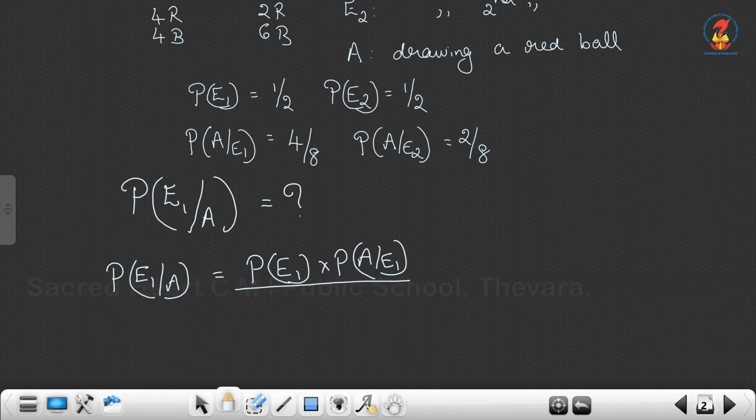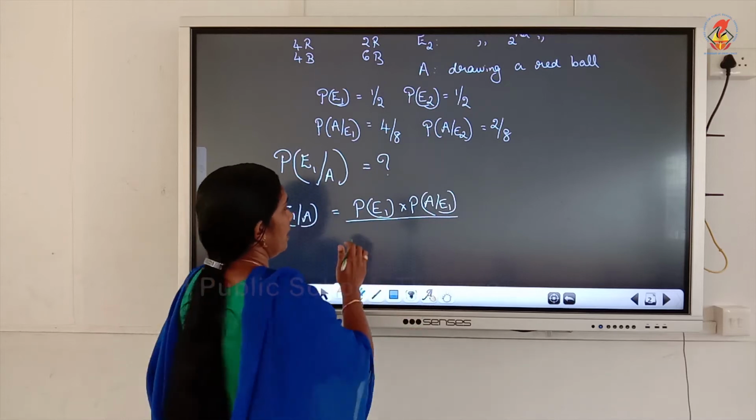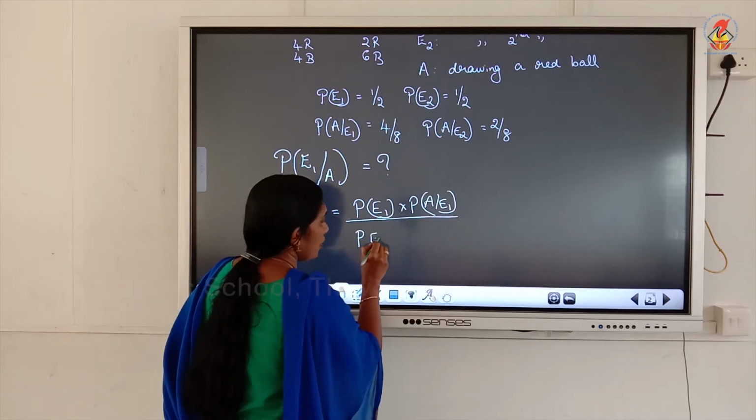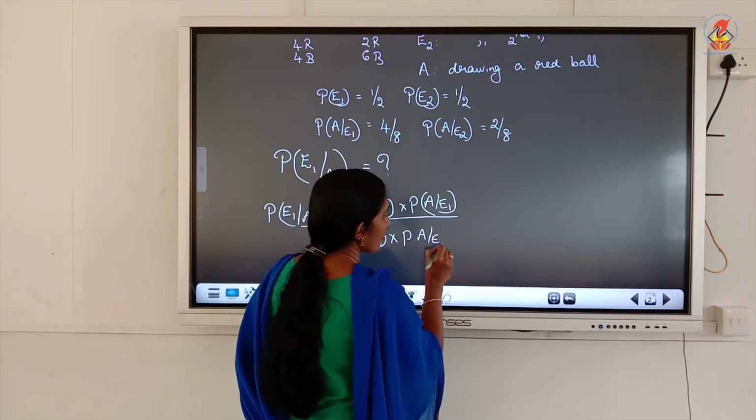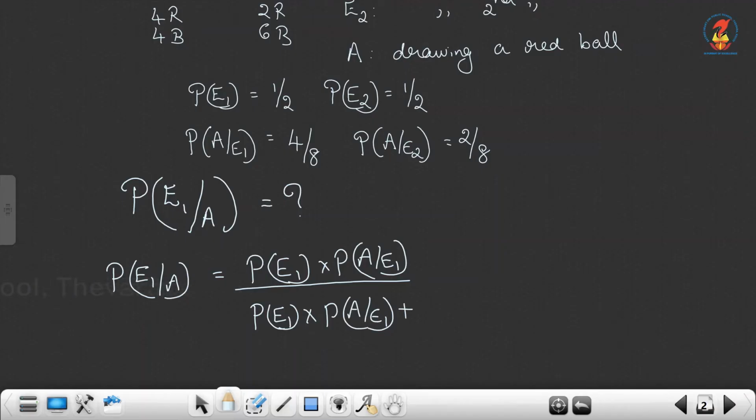Actually, it is in the denominator. Sigma means sum of what? P of E1 into P of A given E1. Here we have 2 events, E1 and E2 in the partition. So, first we write based on E1, now E2: P of E2 into P of A given E2.